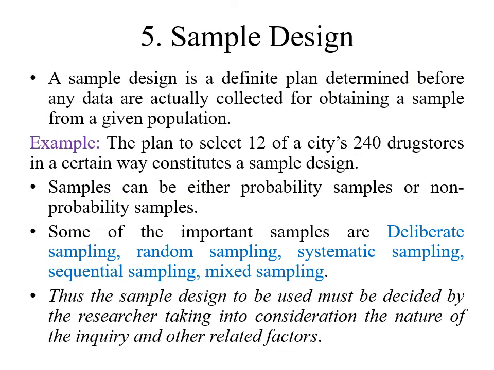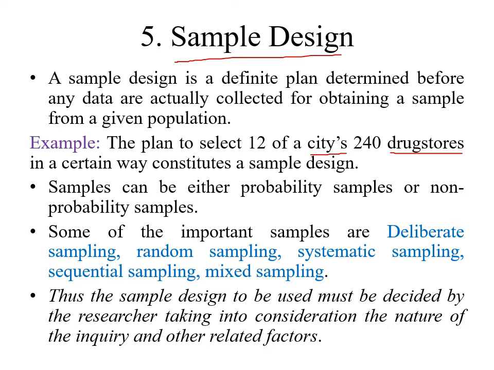The fifth step in the research process is the sample design, that is, sampling. This sampling will lead to the data collection, so before data collection you are going to do sampling. For example, consider you are going to collect data from the drugstores in the city.